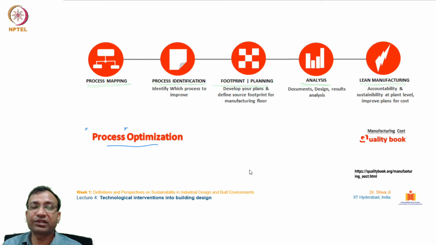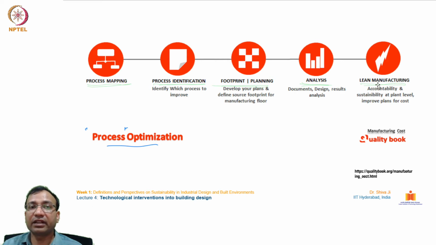Finally, on the process optimization, we can go for the mapping of the entire process. We can go for process identification, identifying which process to improve. We can go for footprint and planning, etc. Developing your own plans and defining source footprint for the manufacturing floor analysis, documentation, design, results analysis part.